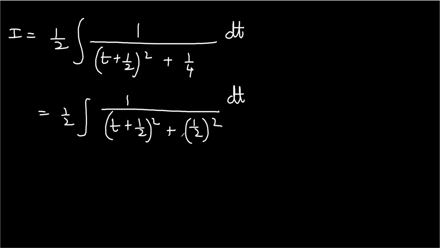And this is a theory from set 1, that is 1 upon variable square plus constant square. If you have 1 upon t square plus a square, you would write 1 upon a tan inverse of t by a plus c.